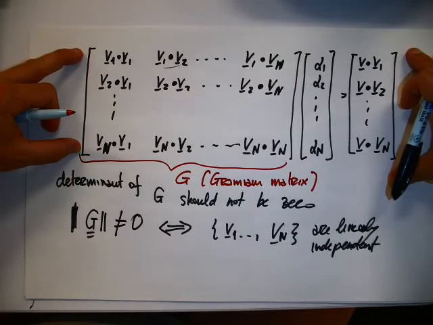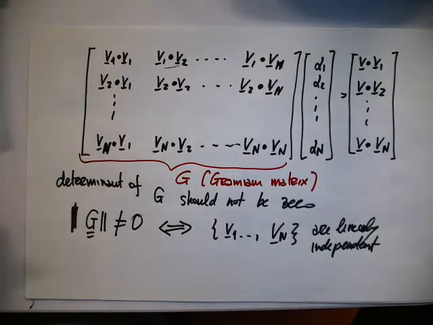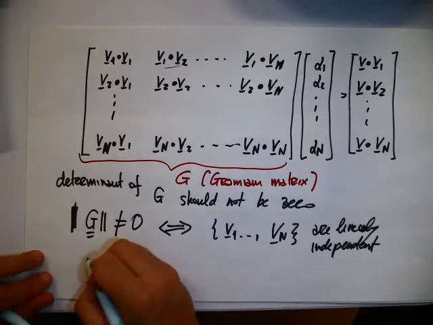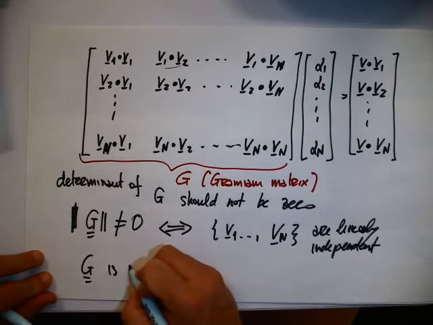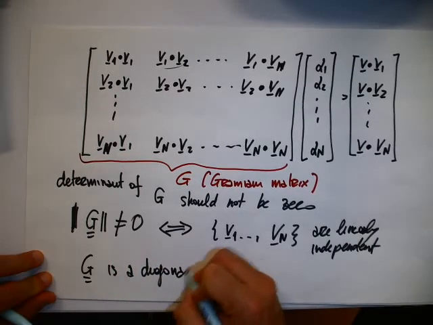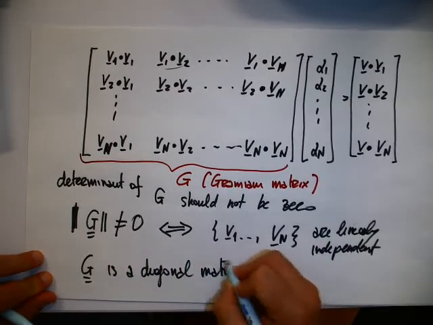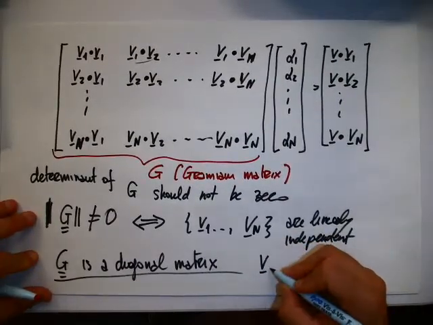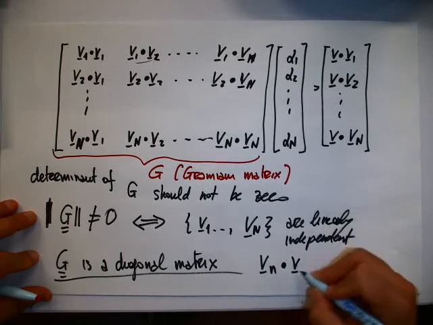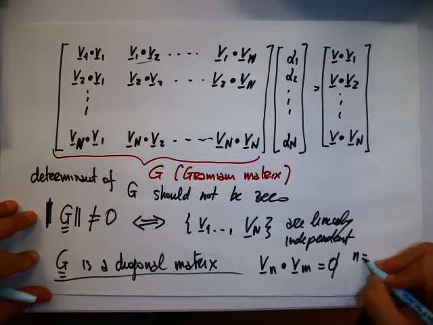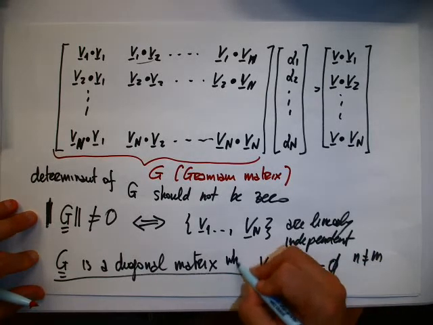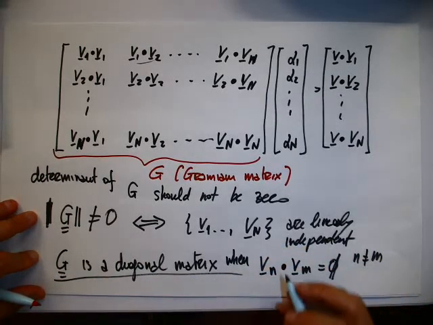Ideally, we would like to have an easy solution of this problem. The easy solution would be when G is a diagonal matrix. How can we make G diagonal? We can make G diagonal by imposing that v_n dotted with v_m is equal to 0 when n is different than m. So G is diagonal when the vectors v_k are orthogonal.